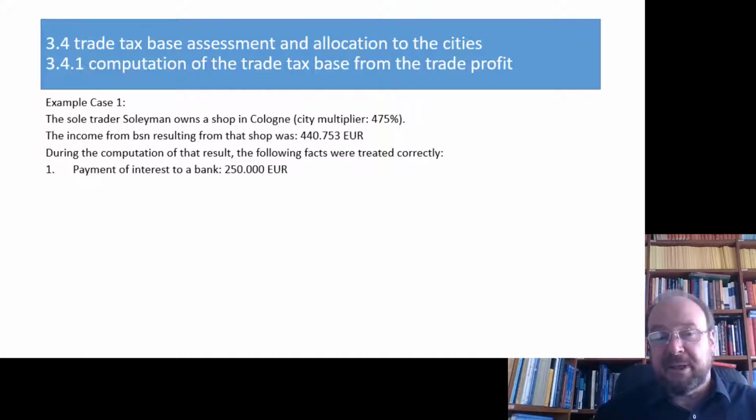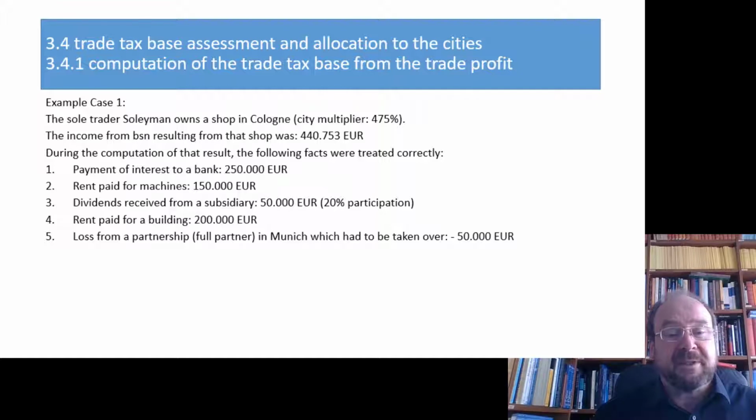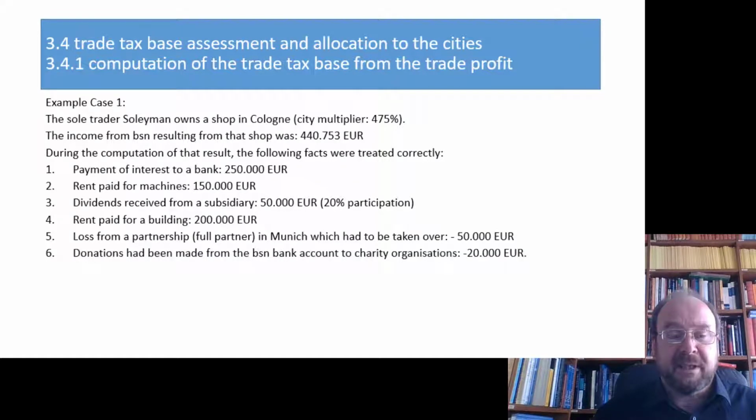We paid interest to a bank, we paid rent for machines, we received dividends from a subsidiary, that was a 20% participation, and we had a rent paid for a building, 200,000 euro. Furthermore, we had a loss from a partnership where we have a share, and we had to take that over, so 50,000 euro vanished to that partnership. And donations have been made because donations are such a nice topic, so we made them just to make the case interesting.